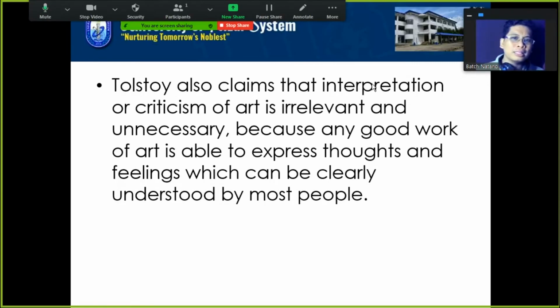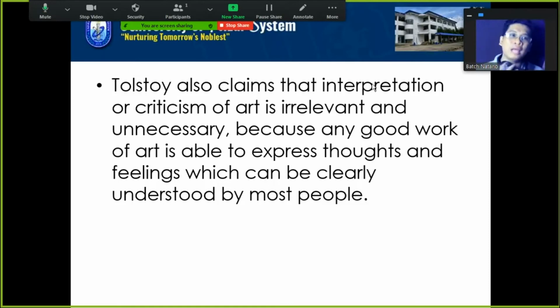That is why Tolstoy says interpretation or criticism is irrelevant and unnecessary. Because who are we to question what the artist expressed? Okay? It does not necessarily mean that whatever the artist expressed is perfect.